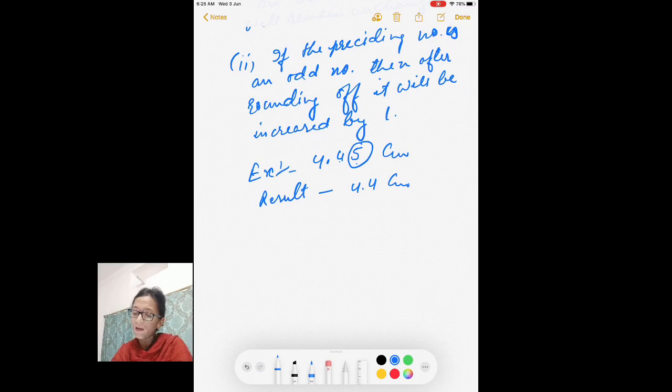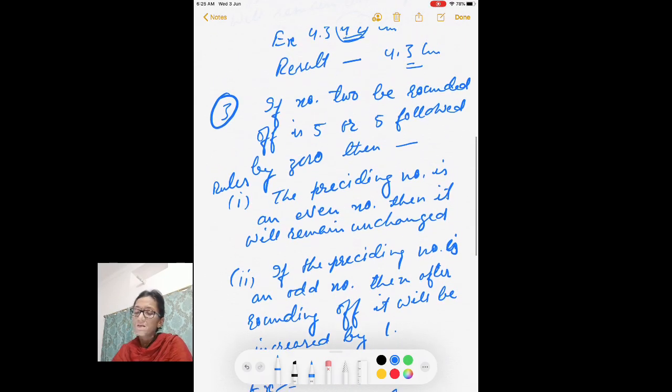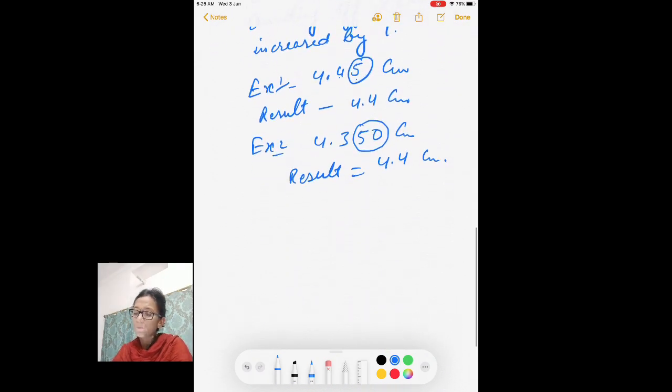But in example 2, when we have an odd preceding number, 3 or 7 or anything, followed by 5 or 5 followed by 0, and we have to round off the number, then the preceding number will be increased by 1. So this is your third rule.